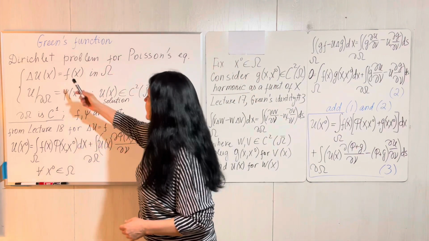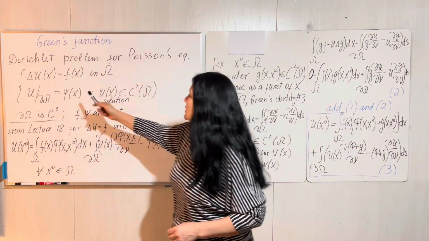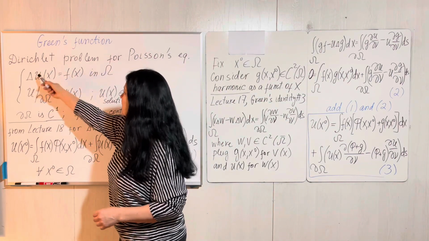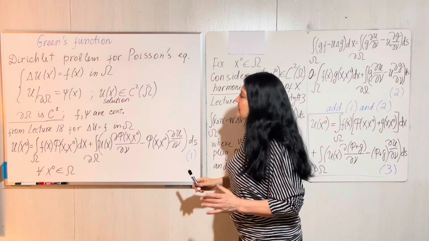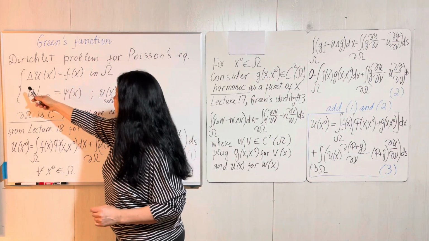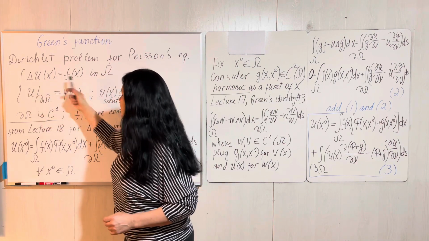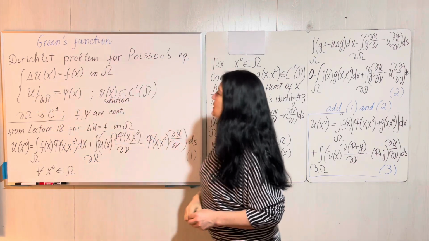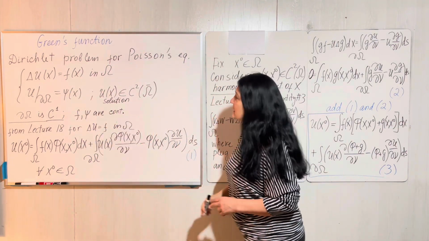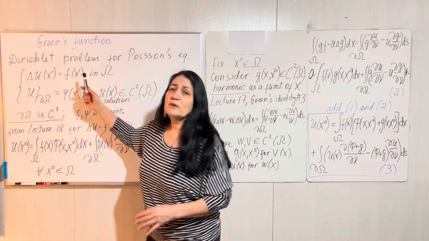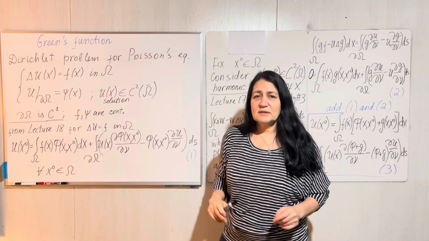So consider the Dirichlet problem for the Poisson equation. We have here Poisson's equation in the domain omega in R^n as usual, and we consider the Dirichlet condition. On the boundary, the function equals a given function psi, and we assume that the boundary and both functions f and psi are sufficiently smooth.